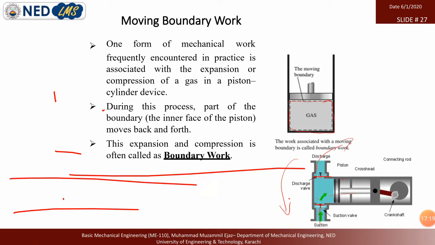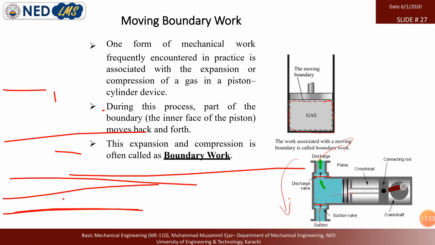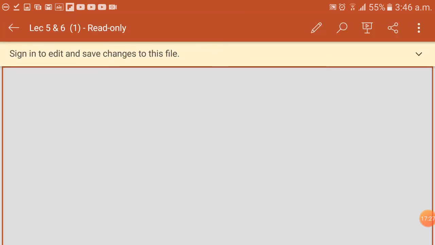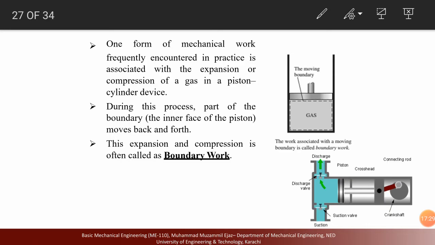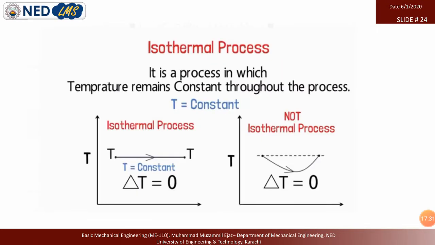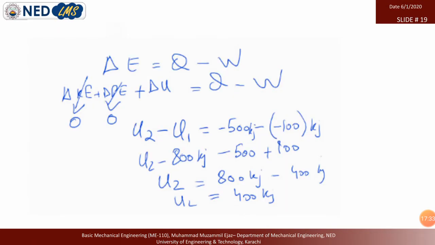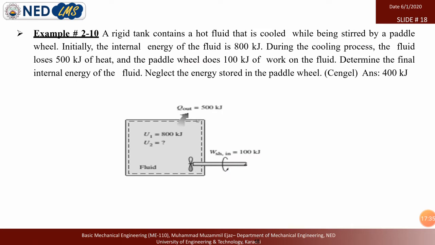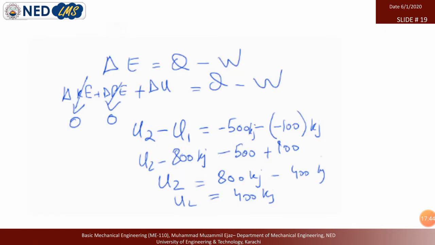Yes, in this numerical the boundary is fixed, the boundary is not changing. We are adding work and the heat is released from the system, but the boundary is not changing.